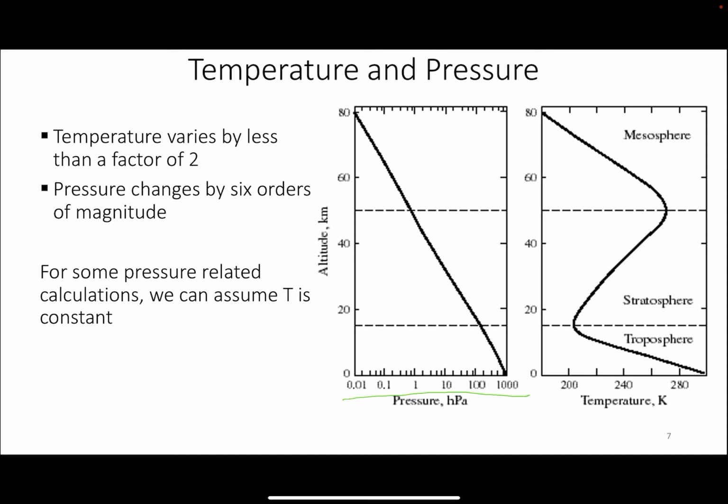So when we're doing pressure-related calculations, and we're going to do some fairly simplified pressure calculations today, for the most part, we assume that temperature is constant, and that's a safe assumption because pressure is varying wildly. It's huge changes in pressure, and there's fairly narrow changes in temperature.